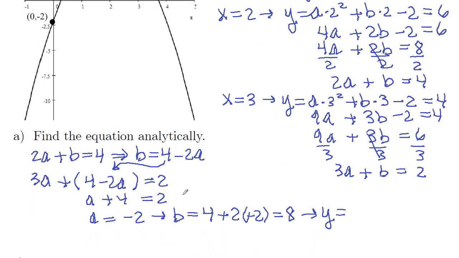Our a is negative 2, so negative 2x squared plus 8x, and then minus 2 on the end. And there we go: negative 2x squared plus 8x minus 2.